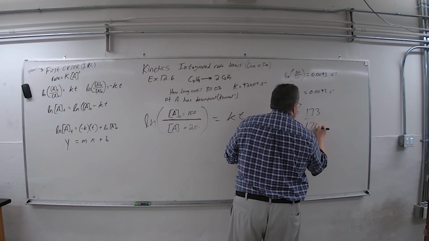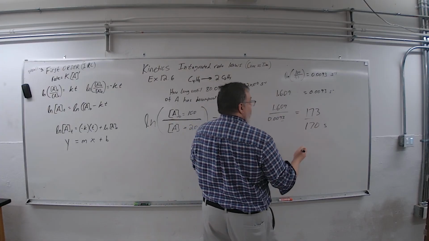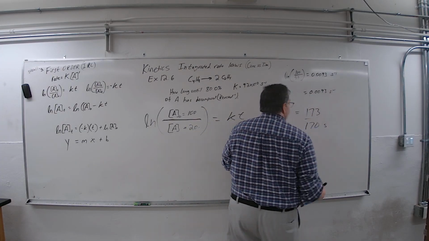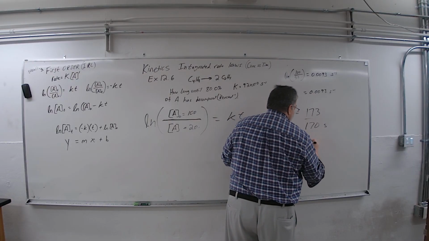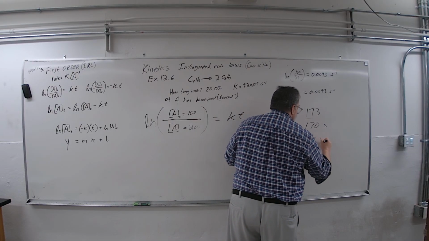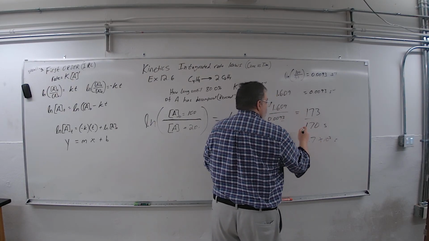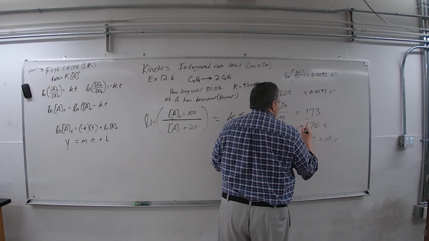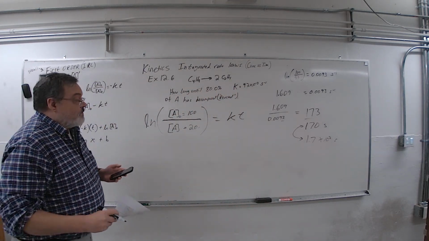So 170 seconds would be fine. It is going to be seconds, not 1 over seconds. Two significant figures. That's written well in the book. They went ahead and did this as their answer, but these are equal to each other. So whichever one of those I put in the answer for a test would be correct.